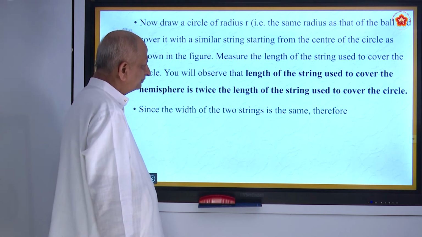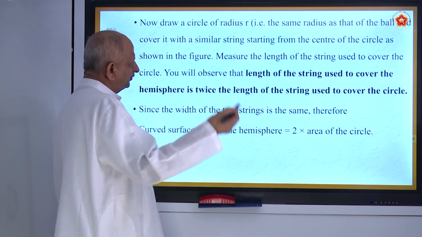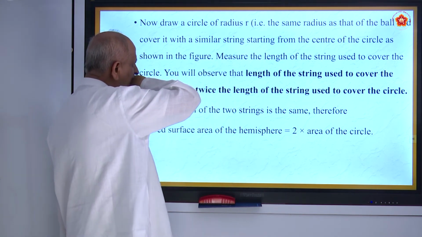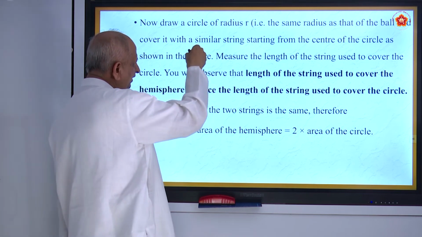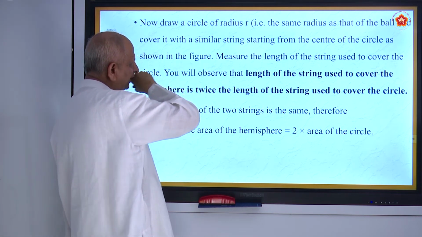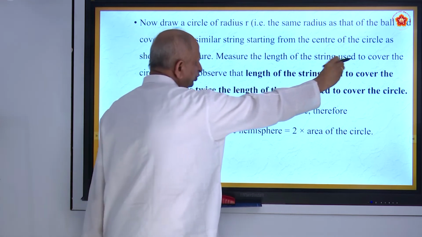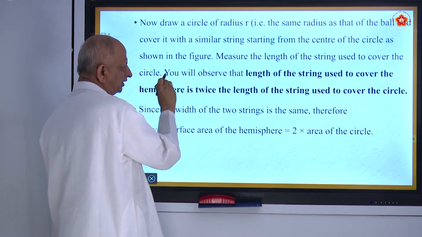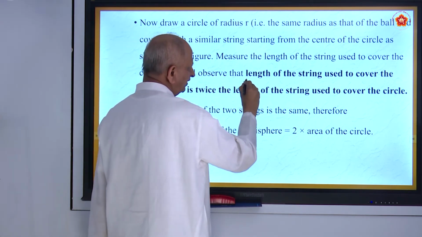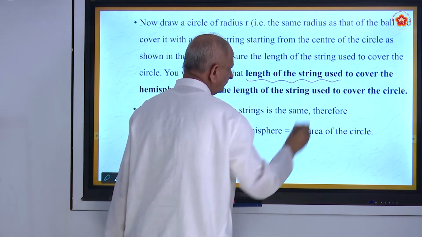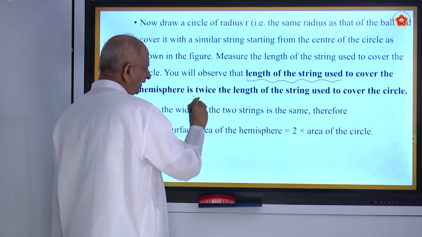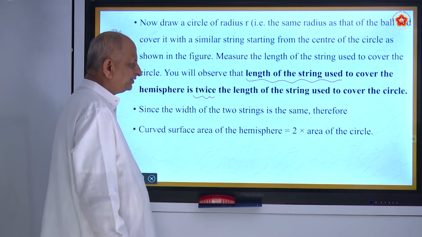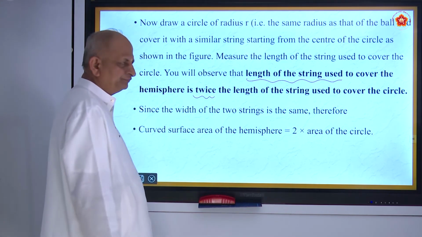You have seen it with the hemisphere, the same way you have to do with the nail. Measure the length of the string used to cover the circle. You will observe that the length of the string used to cover the hemisphere is twice the length of the string used to cover the circle. I think you followed.